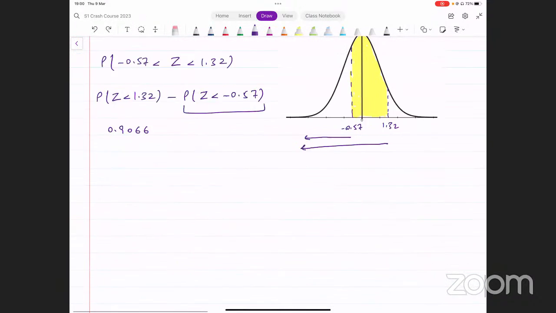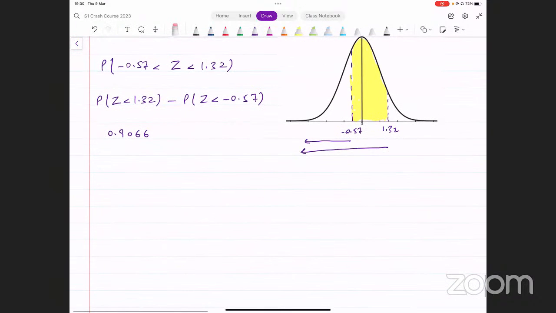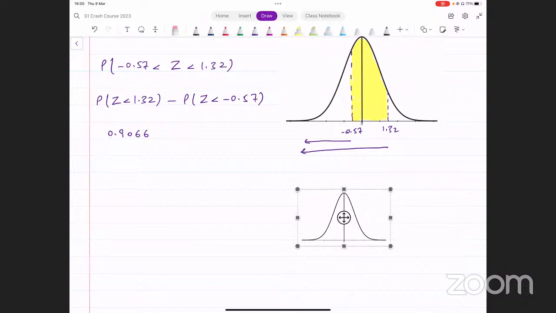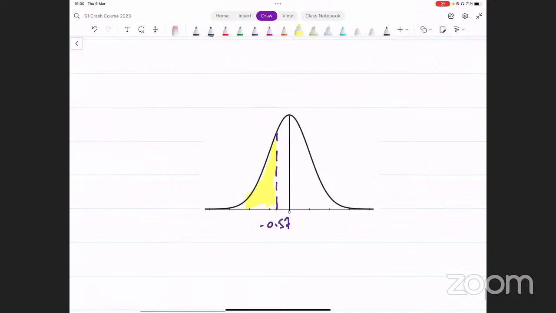Let's do that same trick here. In order to find this area, we can do something like this. Say minus 0.57 might be here, and what we're looking for is the region to the left of this. This is the area that we're looking for. However, we can't find this directly. It's not the standard form.